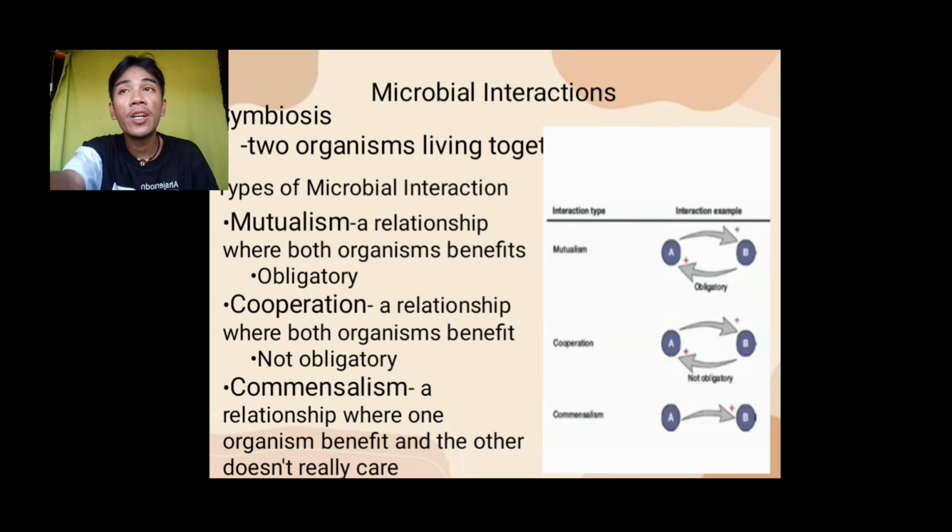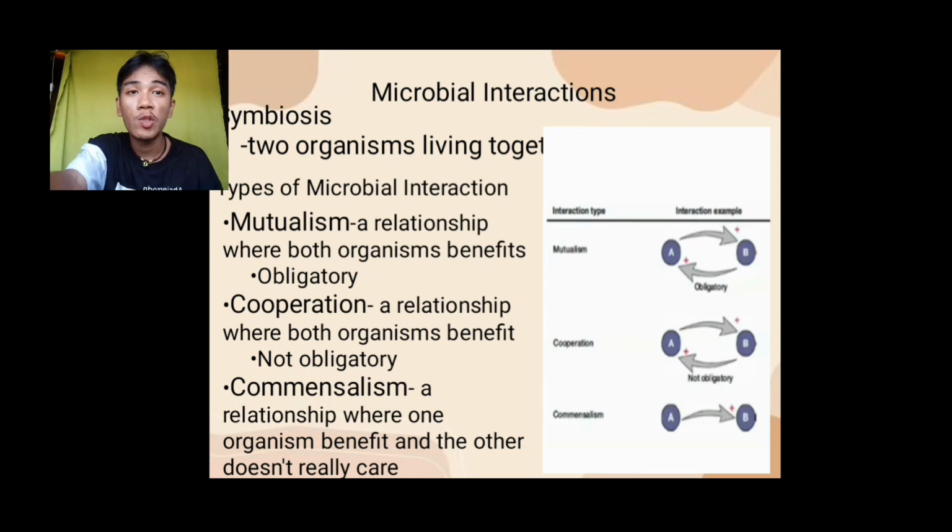From the word itself, mutual. Kumbaga sa love pa yan, yung isang tao is in love sa isang tao, at yung isang tao naman yon is in love din sa taong yon. Kumbaga mutual ang feelings. At kung atin namang sasabihin dito sa microbial interactions, of course, it is also the same. Kasi nga, they both benefit with each other. Okay, of course, obligatory sila.